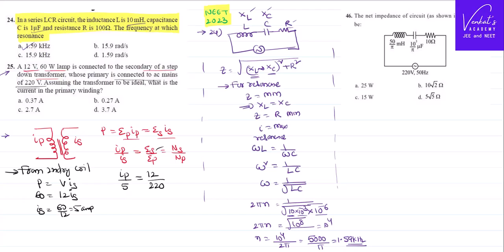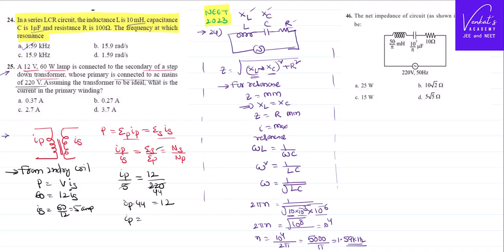Now we can solve this further. 5 fours are 20... So I primary is 44 by... I think I have missed it. Let me cross check with the calculation. I primary into 44 is equal to 12.